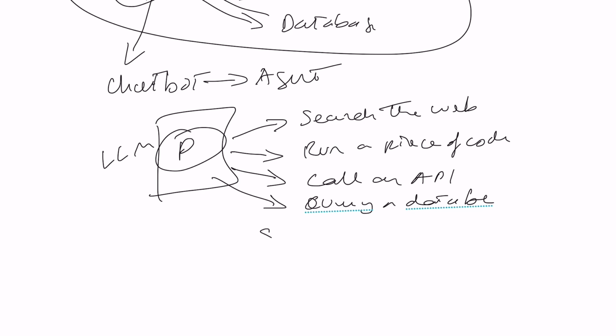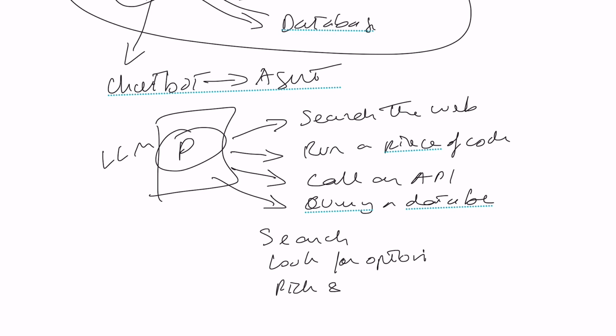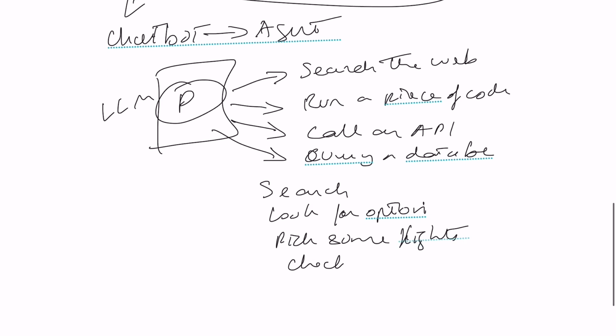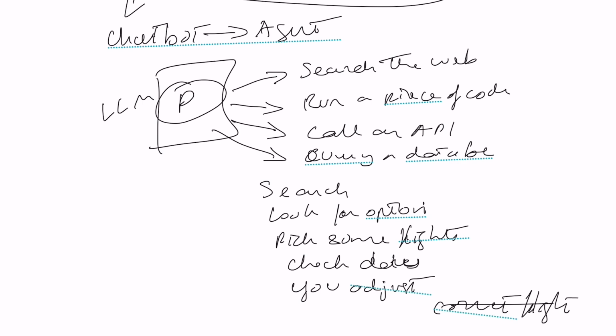For example, again I relate, you search, you look for options, you pick some flights, then you check dates, correct, and then you adjust, and you realize that okay, this is not the correct flight which you want, right?